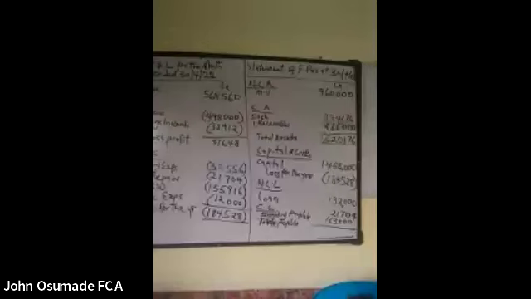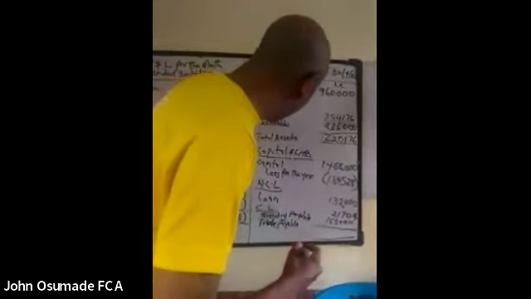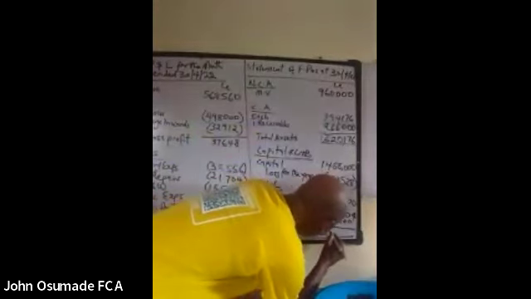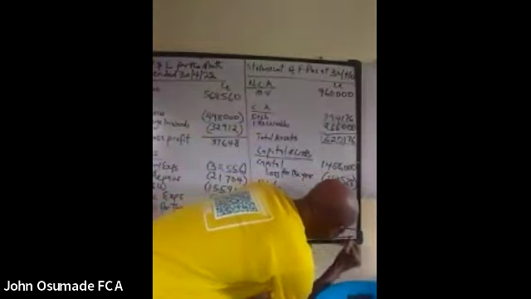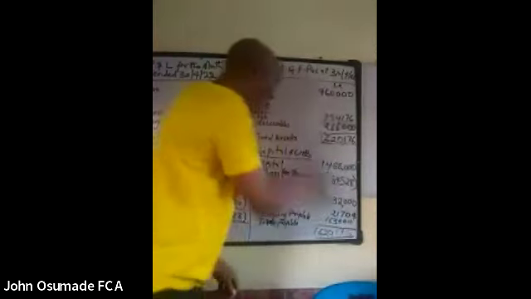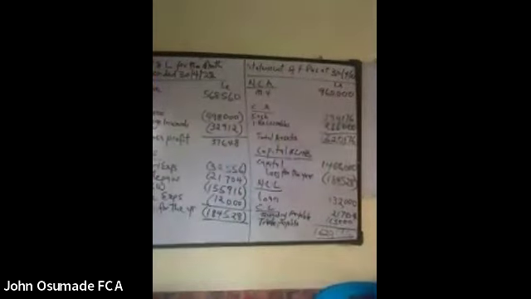So you should have the same thing in capital and liability. 1,620,176. Now add this one up. Anyone that is in bracket, you minus it.